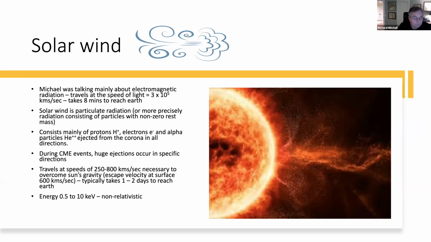Michael was mostly talking about electromagnetic radiation, which takes 8 minutes to reach Earth. It travels 3 times 10 to the 5th kilometers per second. The solar wind, on the other hand, is mostly electrons, protons, alpha particles ejected from the corona. And they take, well, the escape velocity on the surface of the sun, 600 kilometers a second.